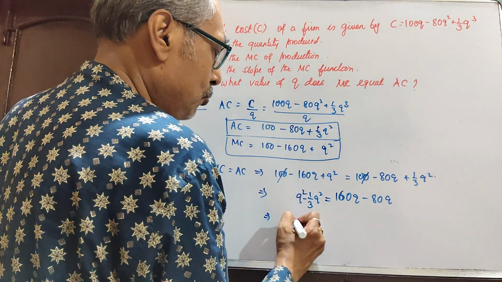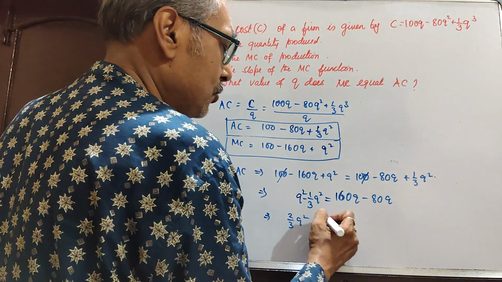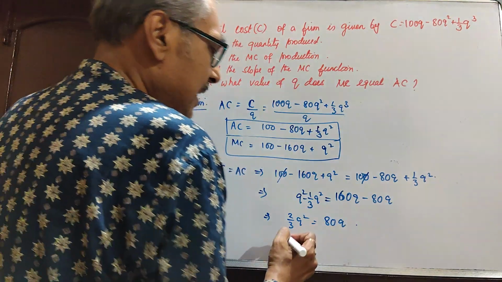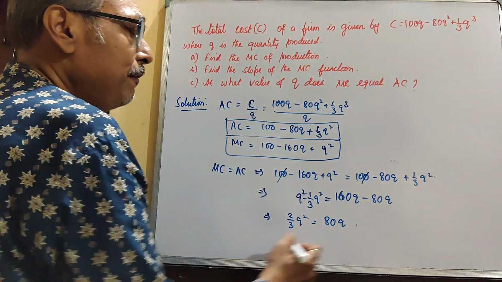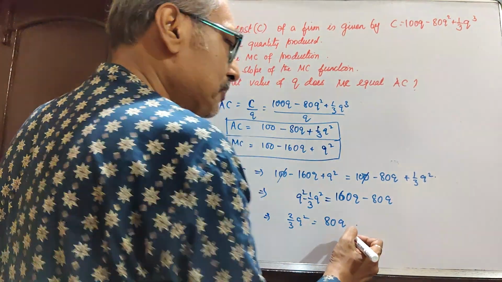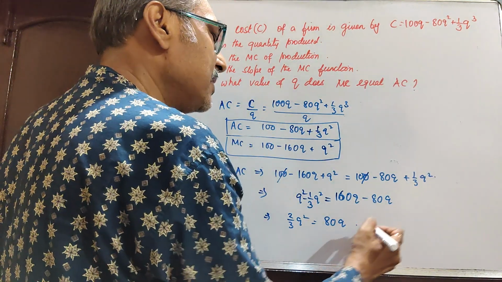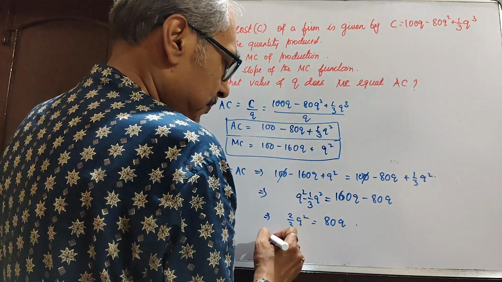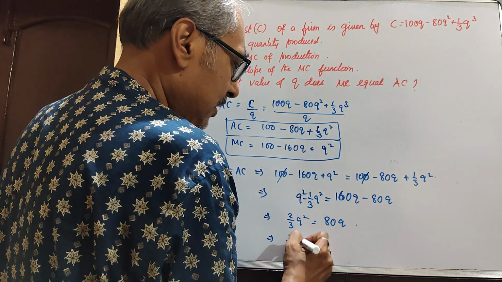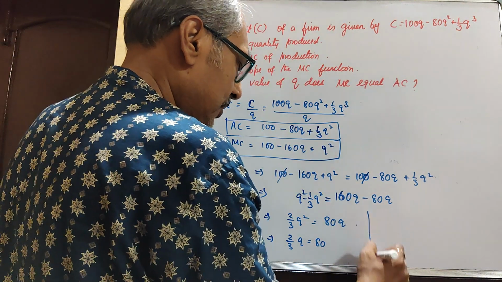This becomes 2/3 Q squared equals 80Q. Now we divide both sides by Q, assuming Q is not equal to 0. Therefore 2/3 Q equals 80.